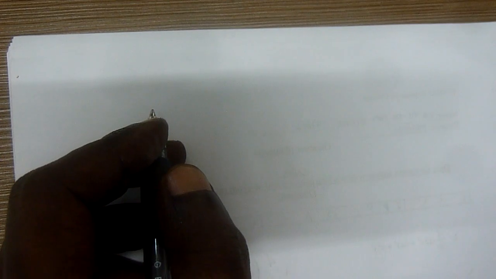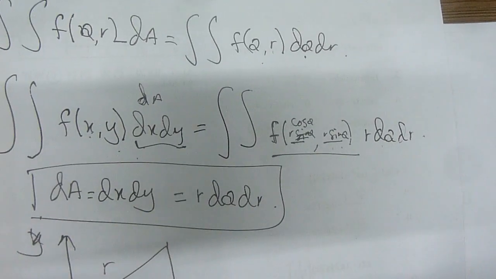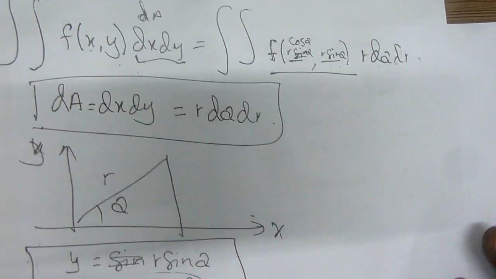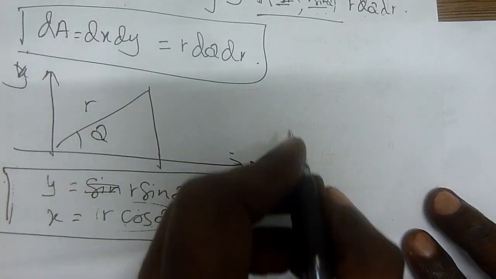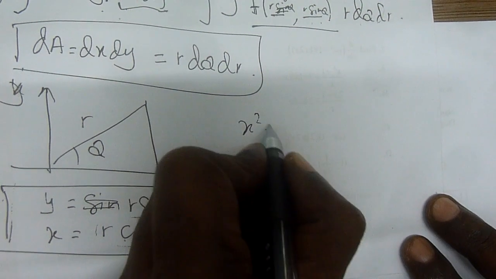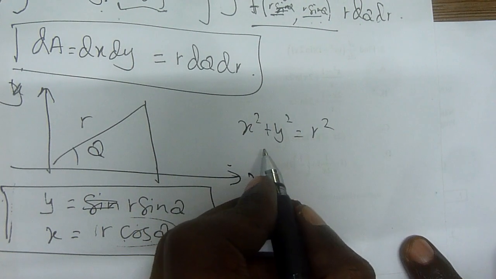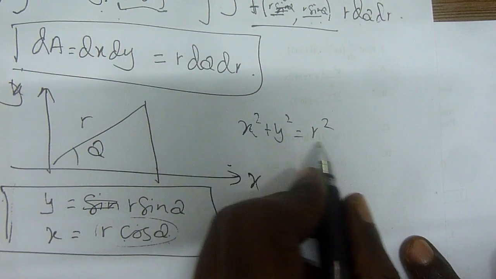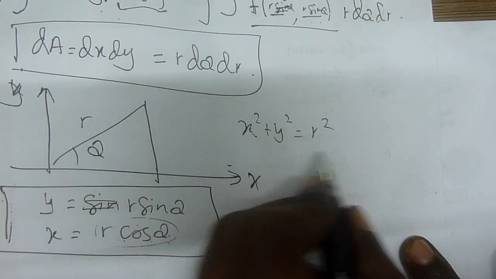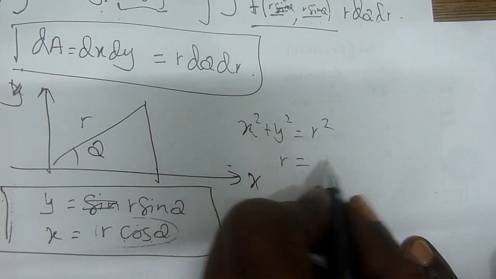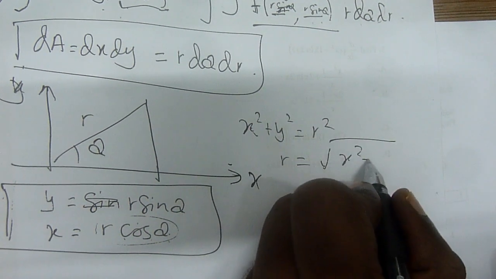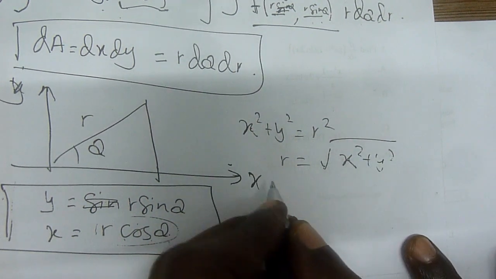This one is not complete yet. Maybe I try to write this. Therefore x squared plus y squared equals r squared. I missed that part, otherwise I worry some of you would not clearly understand. Therefore r can be referred to as the square root of x squared plus y squared.